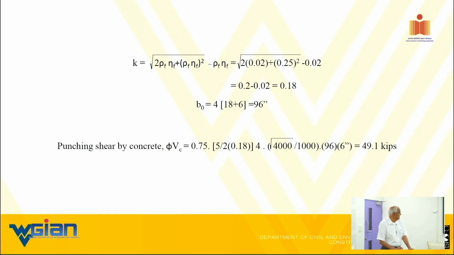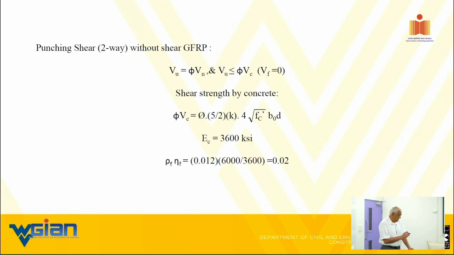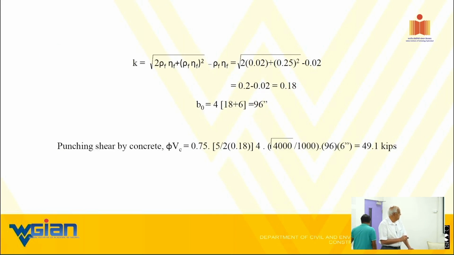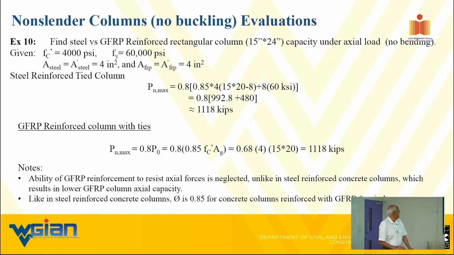The punching shear equation was given in the earlier slide right there, and that is the equation we use. So the concrete capacity to resist punching shear in this case is 49 kips based on that empirical equation. So that's a very simplistic approach.